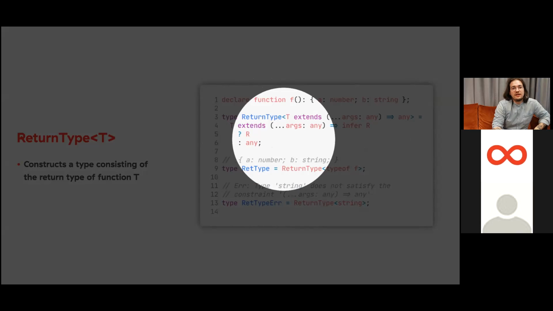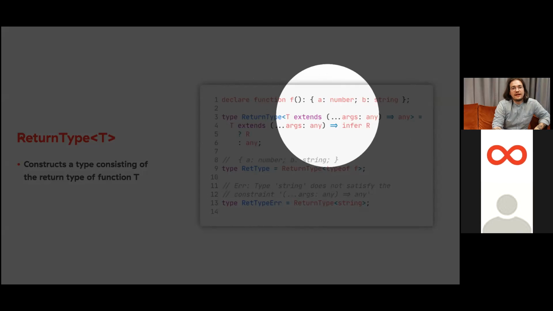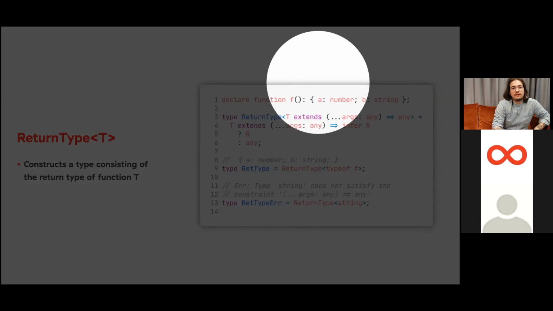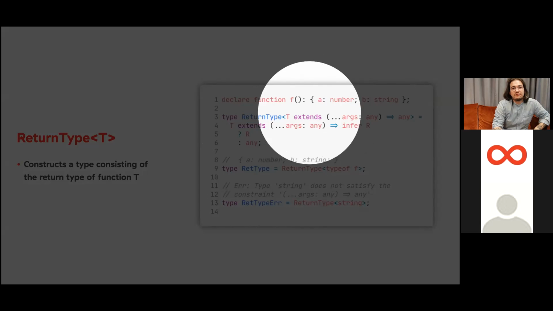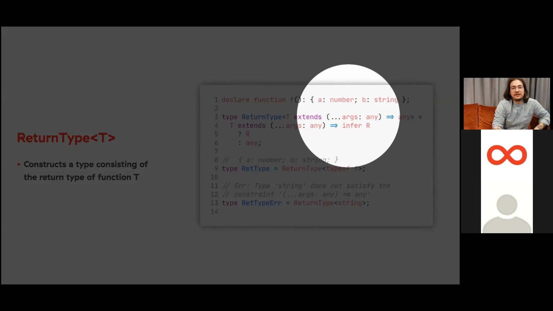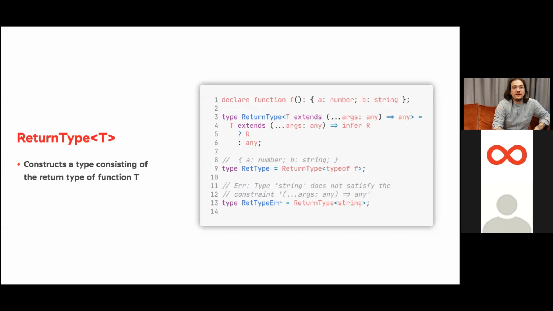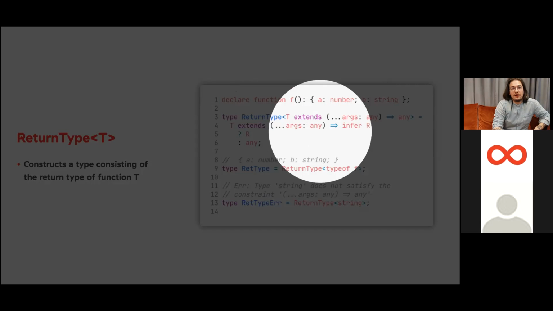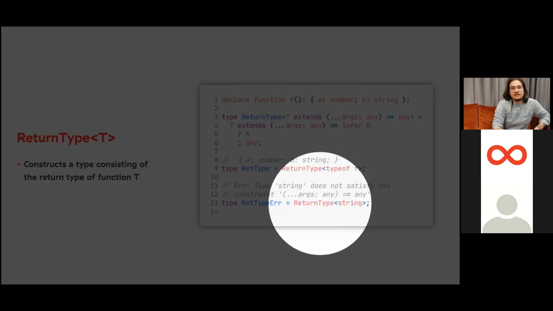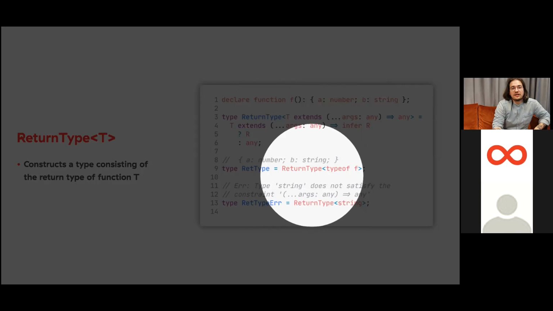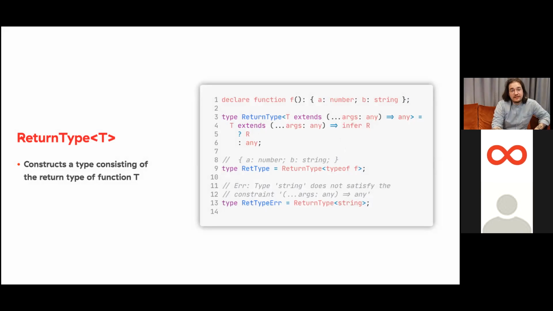And then we check if the type parameter actually extends something that is function-like, and then we use infer here. That means that in the type parameter R, we will save what the function returns as a type. And then we return that R, otherwise we return never. And then when we do ReturnType of F, what we get back is actually what we expected. And if we try to pass it something that is not function-like, we will get an error.